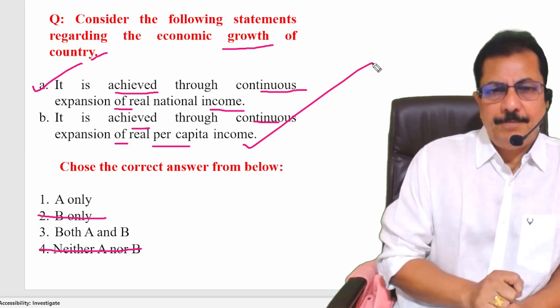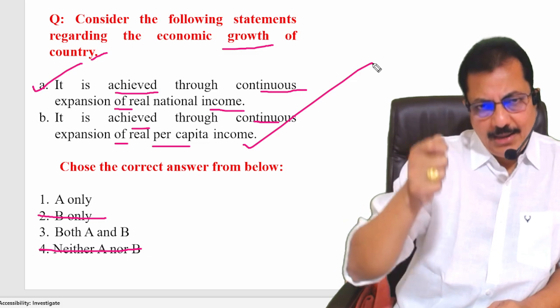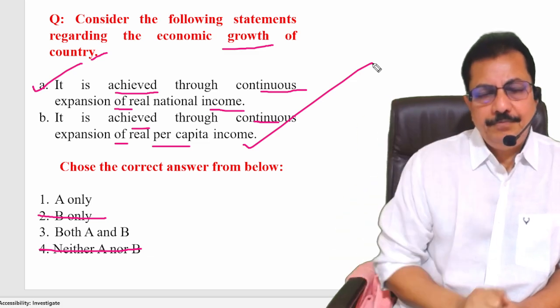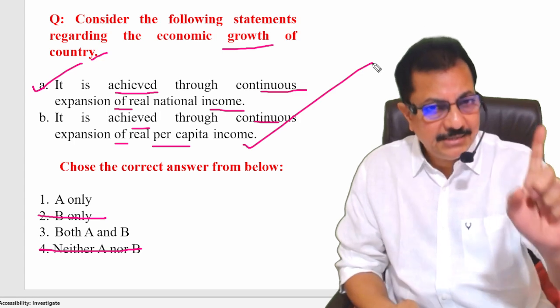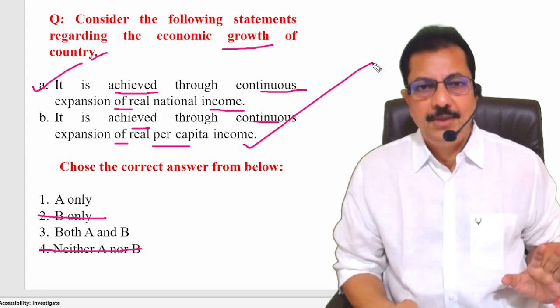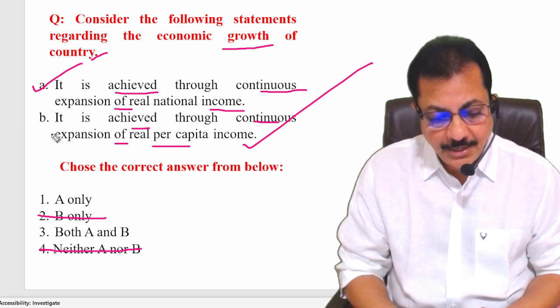Very important one. Once national income is increasing, per capita income is also increasing. Per capita income is increasing because there is an increase in the national income, right? So this is what we have understood. So statement B should also be correct.